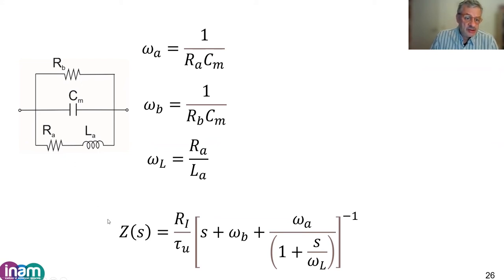This corresponds to an impedance function, and we can write it in terms of two types of constants: some prefactors that set the scale of the impedance and the time, and a set of internal characteristic frequencies, A, B, L. These characteristic frequencies completely determine the shape of the impedance, not the size. The shape corresponds to a combination of these three numbers. And here are defined the three impedances, and they generate all the possible spectra.